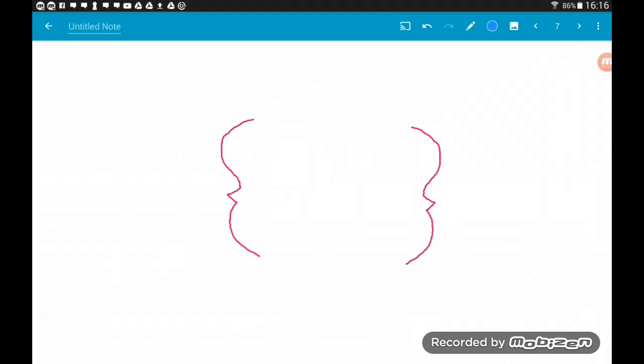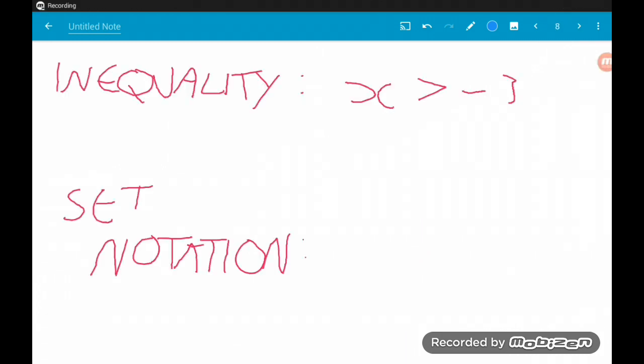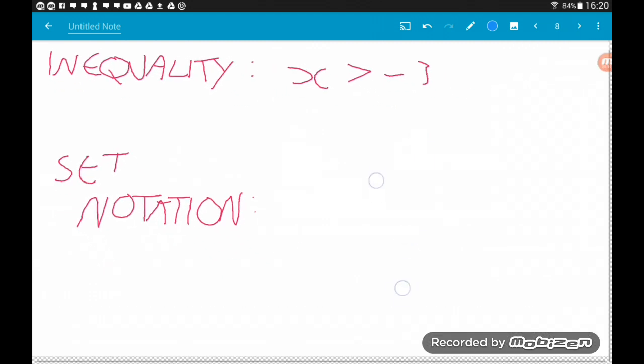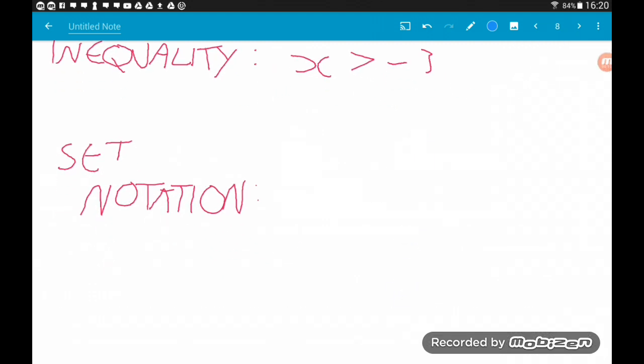So, let's get cracking. Our first example, a nice simple one: x is greater than -3. How do we write that in set notation? First of all, we need our posh bracket.